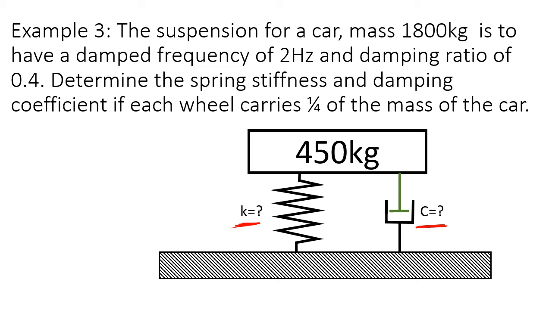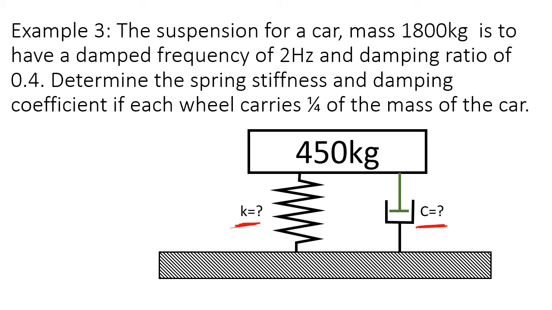So where do we start? Well, first of all, I'm assuming that there's 4 wheels, so I'm going to make a very simple assumption and say each wheel takes a quarter of the mass. So the mass on each suspension unit will be 450 kilograms.